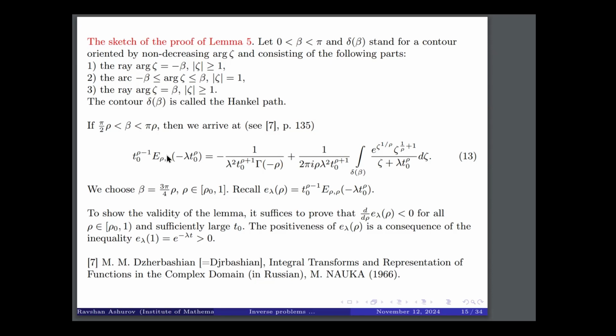Now we should investigate the derivative of this function with respect to rho. It is technically difficult, really, because you see, everywhere you have rho here, rho here, rho here, and also the most important thing is that the region where you take the integration also depends on rho. You see, beta is equal to this, but nevertheless, you can show that the derivative is negative if you take T0 here large enough.